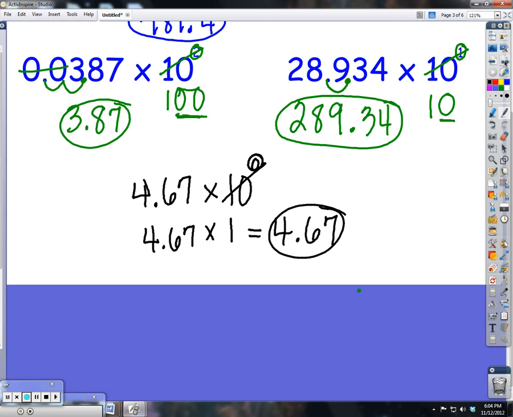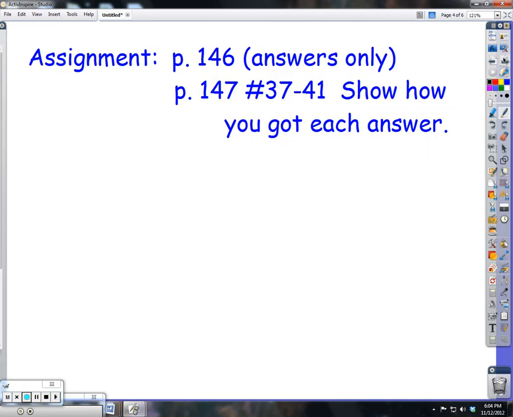All right, so after seeing these examples, you're going to go and do your assignment. Okay, your assignment is on page 146. You are going to do all of these. You're going to put the answers only on your paper, and I'm going to show you an example of how you can do that. Then on page 147, you're going to do numbers 37 through 41.